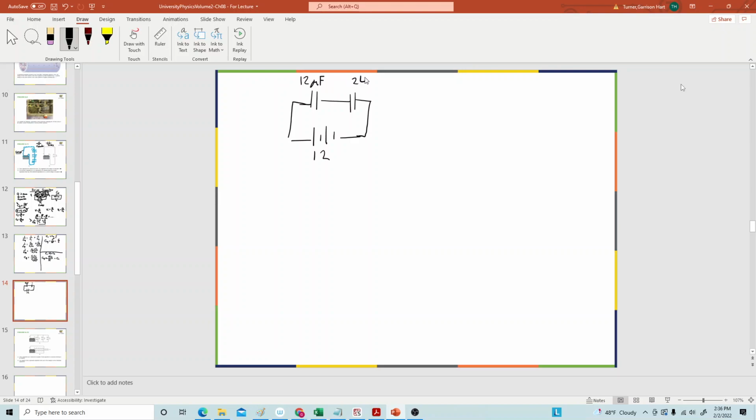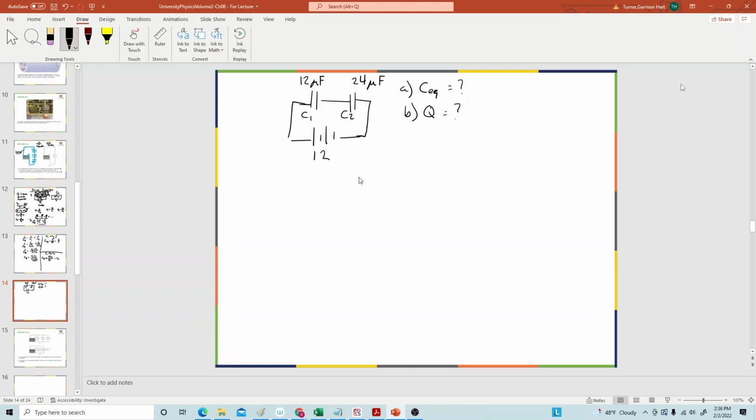And let's say this one is 24 microfarads. Okay, and I want to know what the equivalent capacitance is, and I want to calculate the amount of charge on the plates.